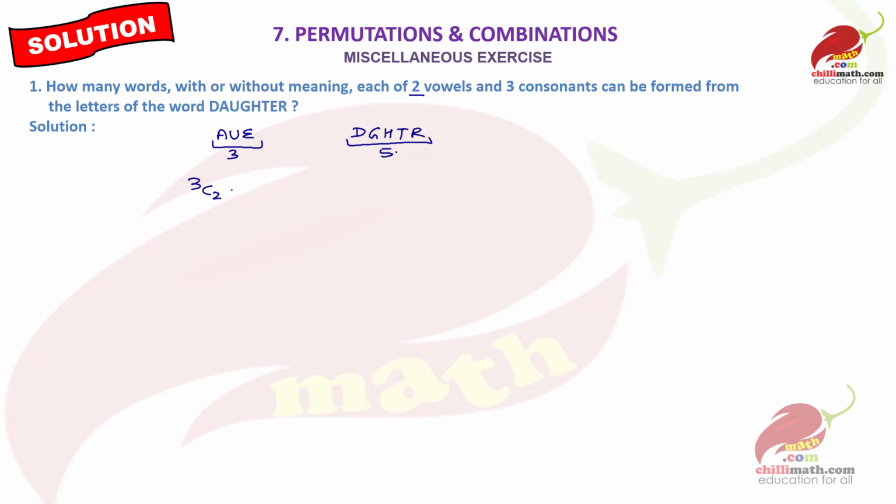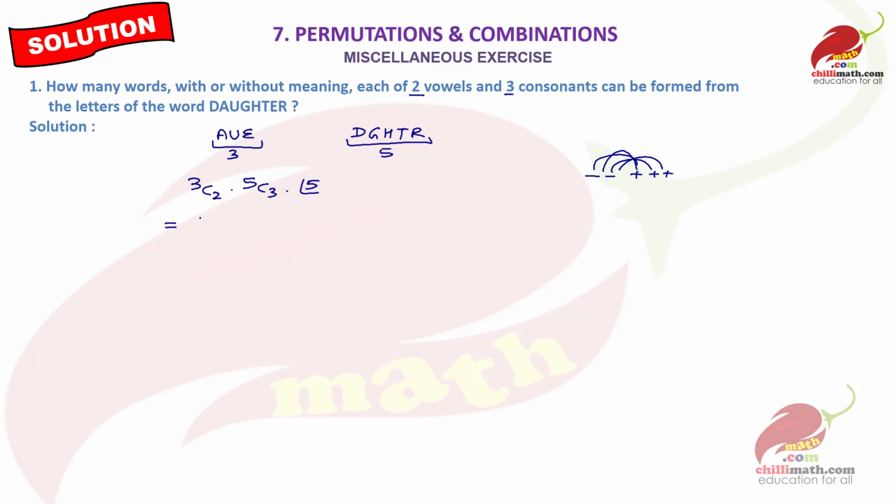And out of 5 consonants we need 3 consonants, that can be taken in 5C3 ways. But these 2 vowels and 3 consonants can themselves be arranged in how many ways? 2 plus 3, that is 5 factorial ways. So this is the total number of ways.